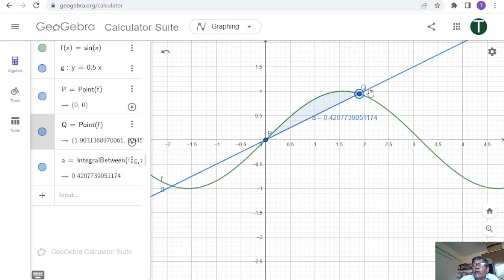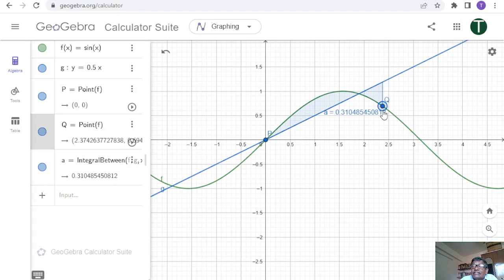Now, suppose I keep P the same and you bring Q down, you start discovering that the value of the enclosed area is becoming lesser compared to when Q was here. Nothing to be surprised about, because during this interval the sine ordinate is less than the function g ordinate.